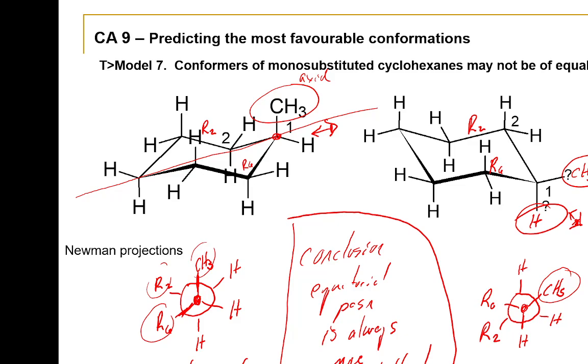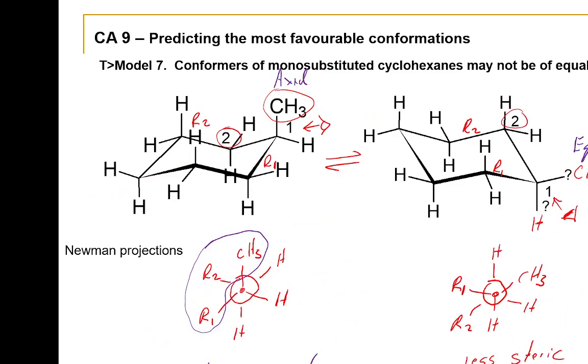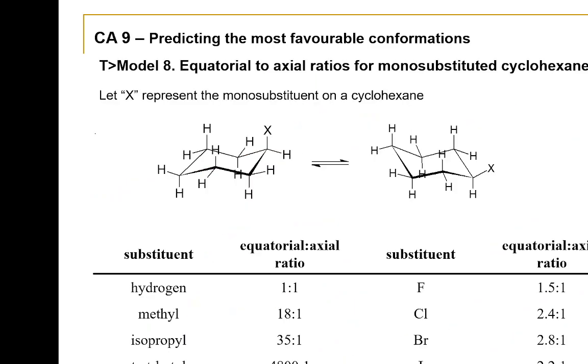Okay, so with that in mind, we've just come to this conclusion. What I want to show you is this beautiful chart on page 97. And it's showing if this is X in one of the conformers, and there's this X in the same molecule but a different conformer, the X on the left is axial, the X on the right is equatorial.